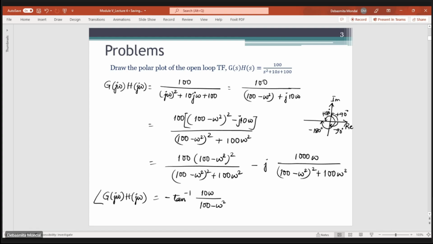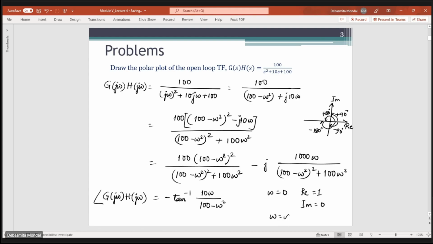So the first thing to do here is to find out the value at omega equals 0, what is the real component. Okay, so you see at omega equals 0, the real part is equal to, sorry, the real part is equal to 1, right? And the imaginary part is equal to 0, right?